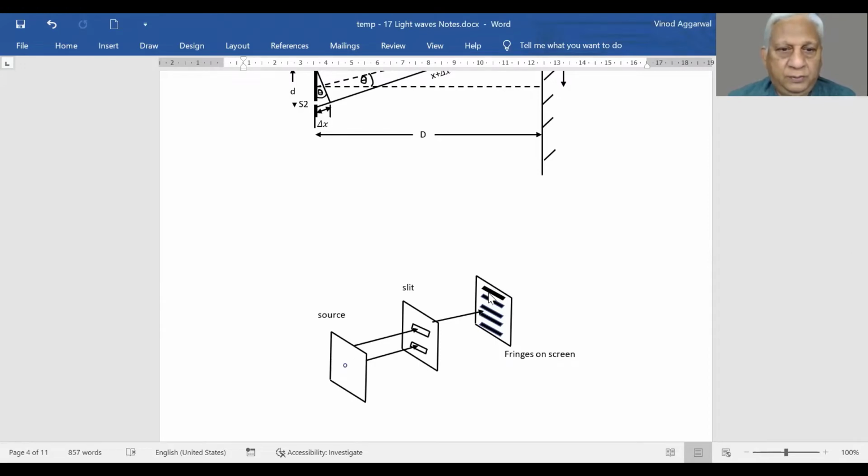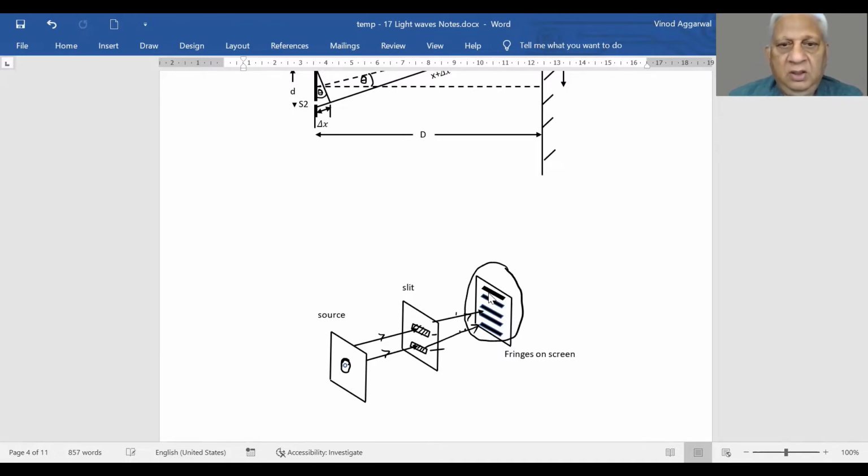You have a light source, and this light falls on two small slits which are made very narrow. This distance is very, very narrow. When the same source falls on two slits, the rays from each of them interfere with each other and form a fringe pattern.